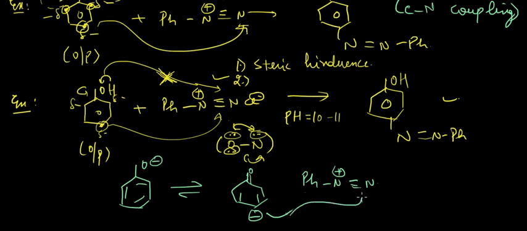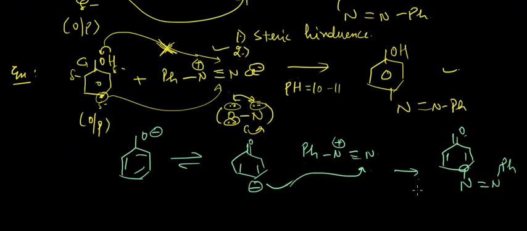Okay, then we'll be getting something like this product, double bond, and oxygen is there. Again tautomerism will happen, this alpha hydrogen would be removed, so tautomerism will happen, and we'll get something like this compound.